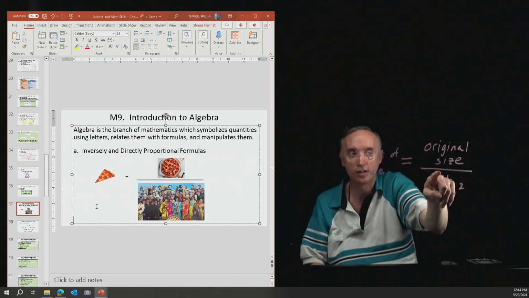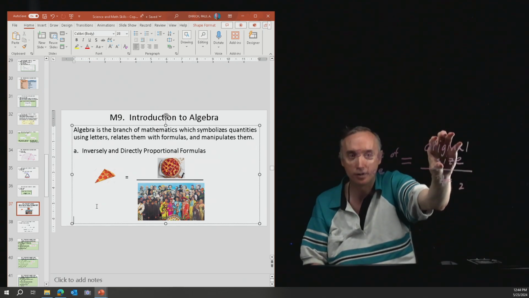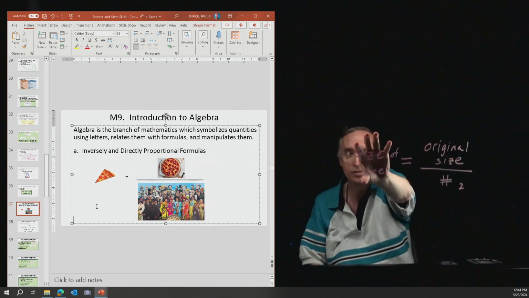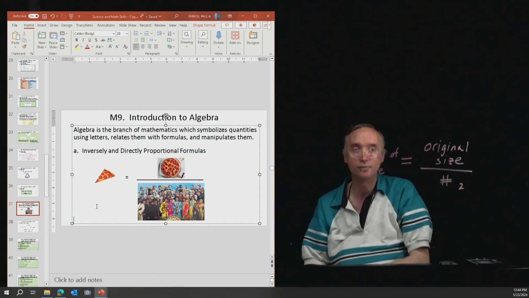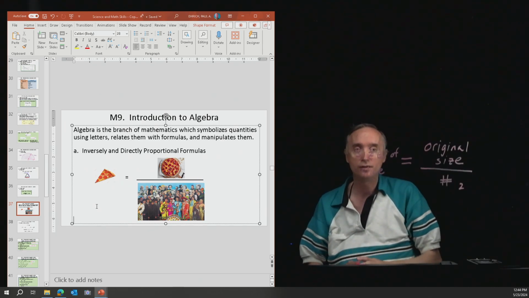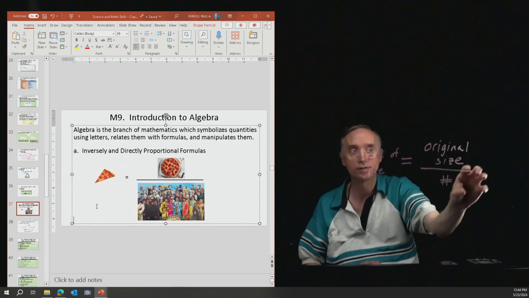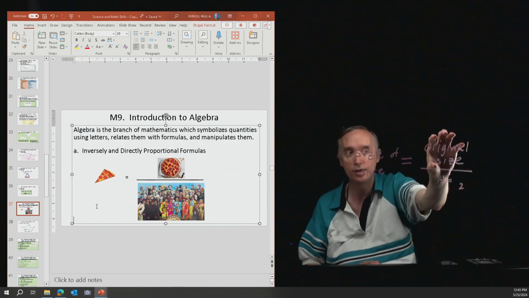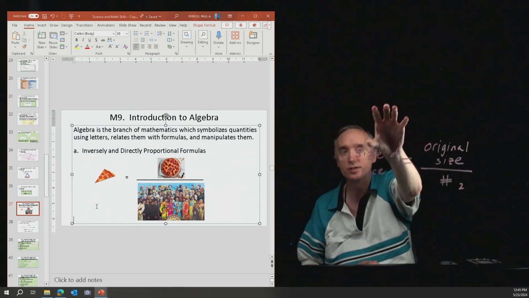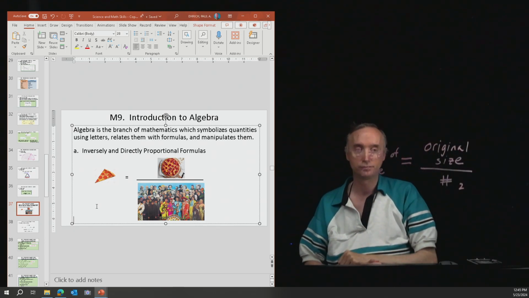So if you're going to hold this number the same, but you're going to make the top part of the equation bigger, what's the size of the slice of pizza that you get? It's going to get bigger. So if an equation is directly proportional, that means that its letter, its variable, is going to be on the top part of the equation. And then if it gets bigger, what comes out gets bigger.